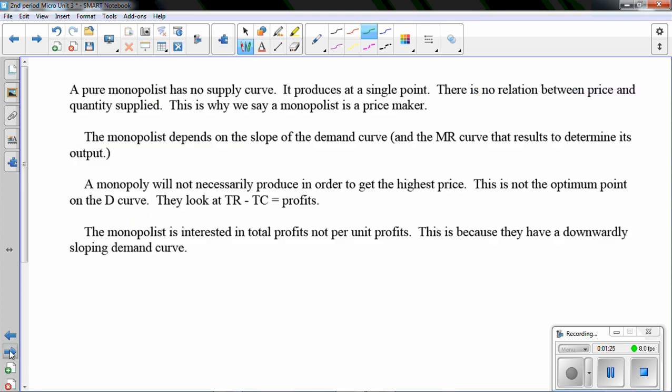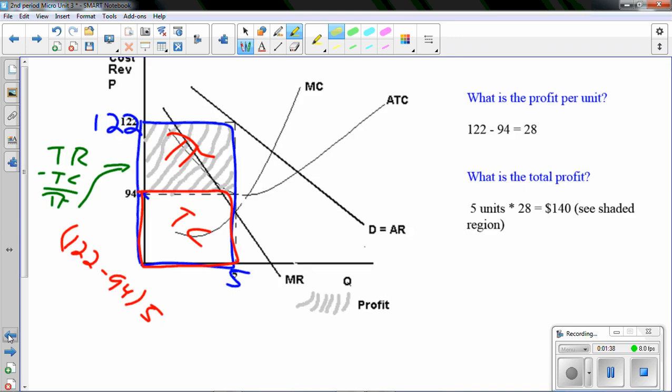Now, one thing I do want to point out with this, monopolists, unlike a perfect competitive market, don't have a supply curve. They have no supply curve. So when you look back at this graph, that marginal cost curve is not the monopoly's supply curve. A monopoly has a supply point.